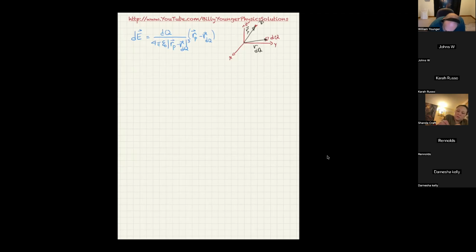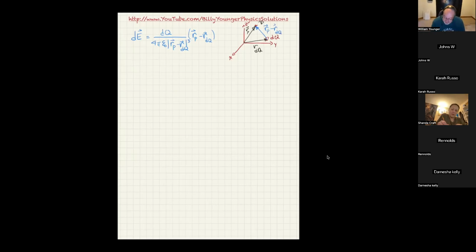And then, of course, we can create another vector by subtracting RP minus R dq. Okay.